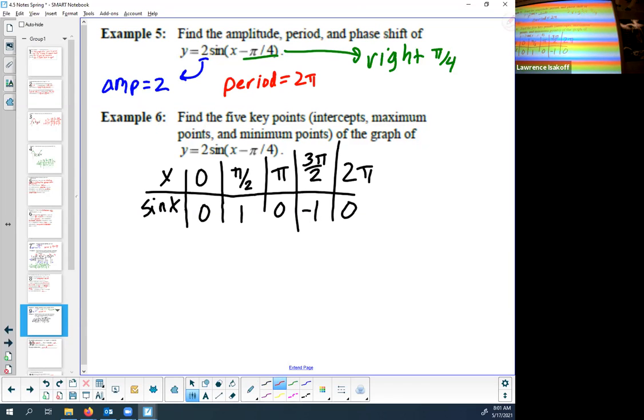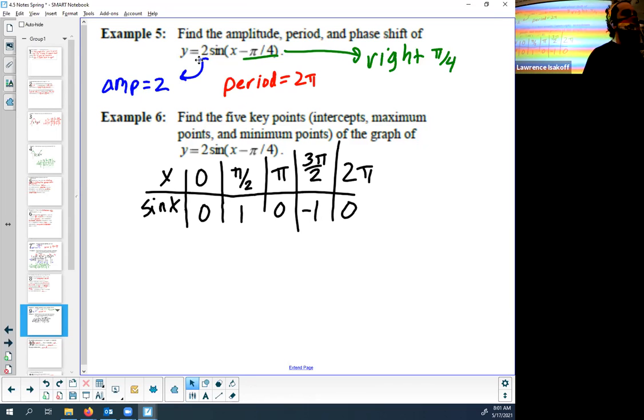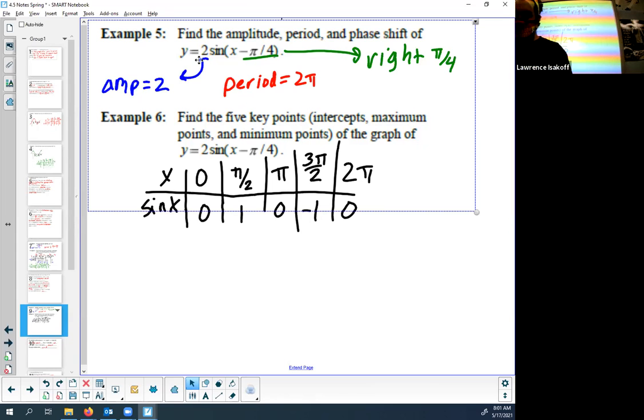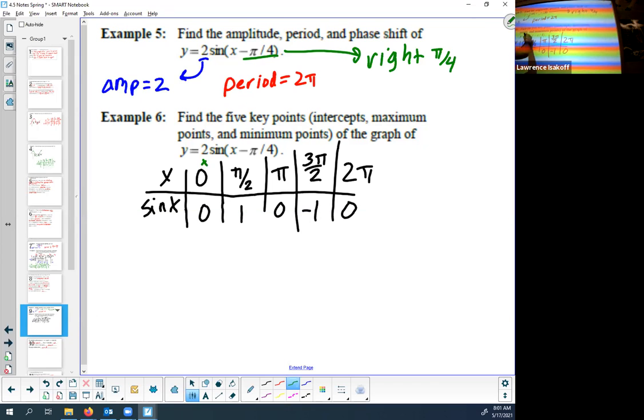So now my new one, my amplitude, I want to double everything on the bottom, and then my period says x over pi over 4. So what we're going to do is we need to move each of these points to the right. Moving them to the right will actually be adding pi over 4 to each of them. So that's what we're going to do. So each of these gets plus a pi over 4.